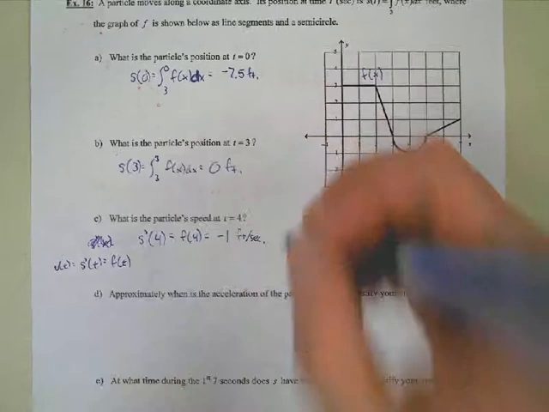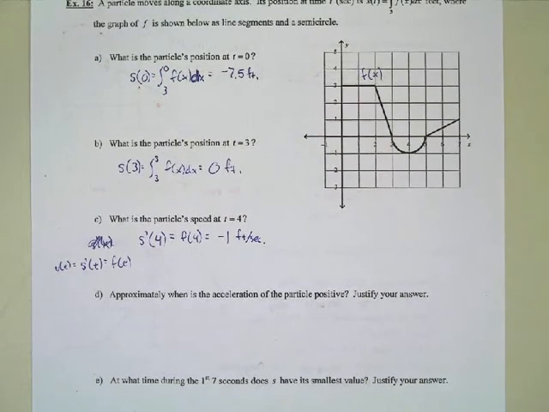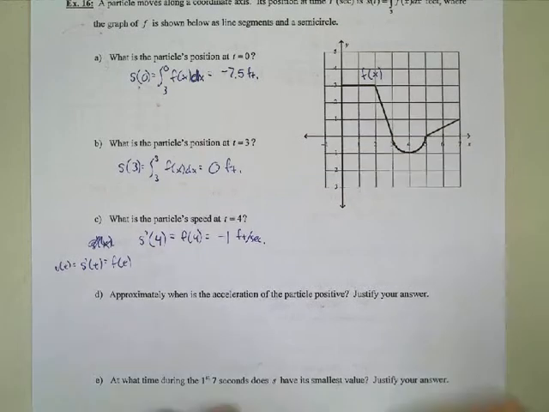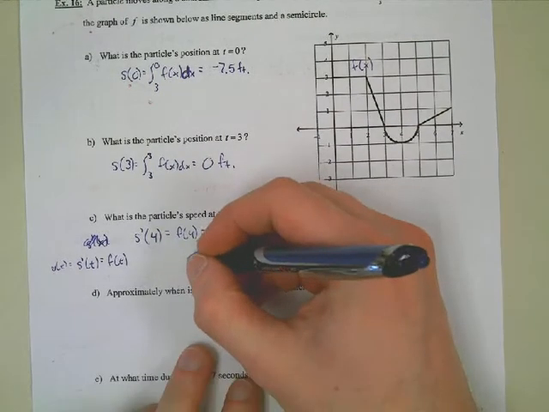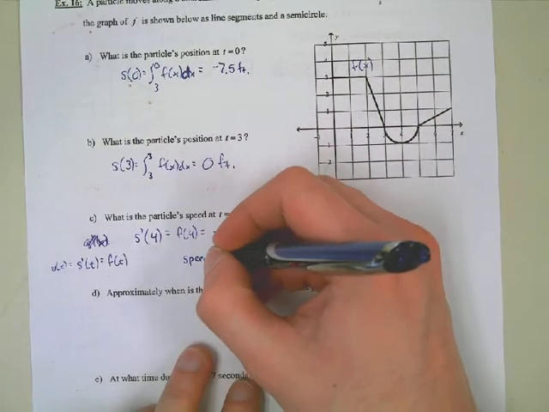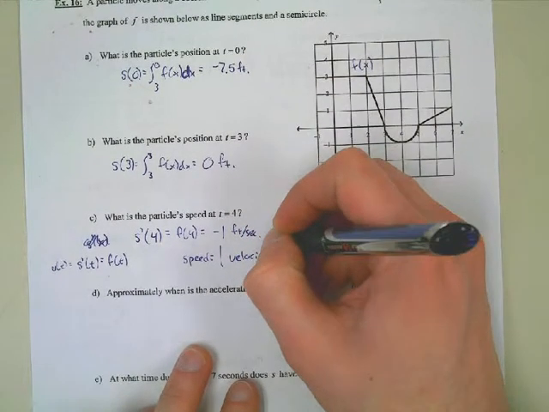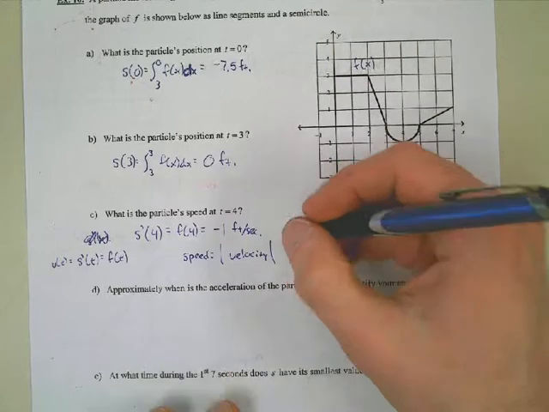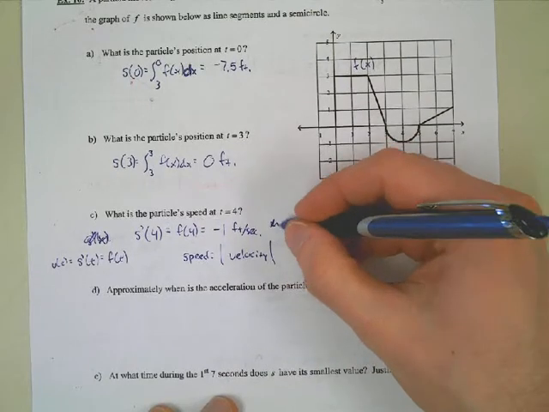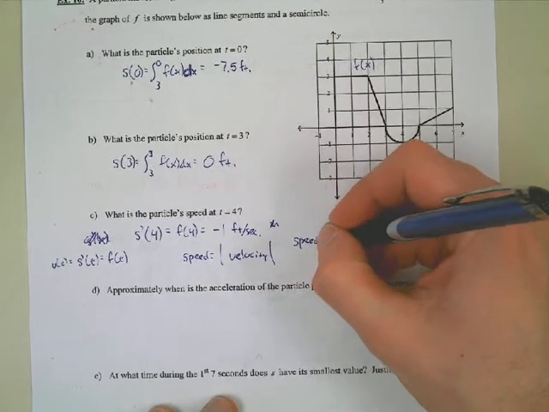What is the speed? 1. Remember that speed is equal to the absolute value of the velocity. So the speed is 1 foot per second.